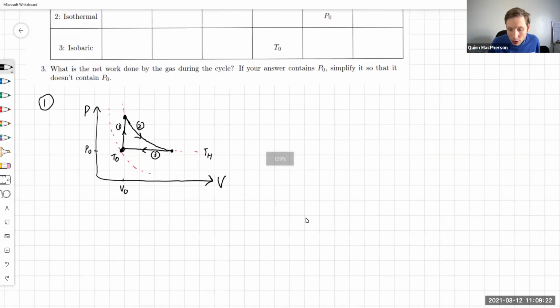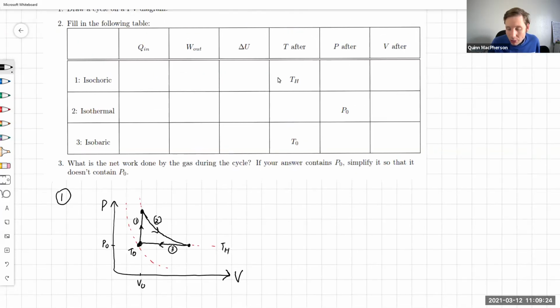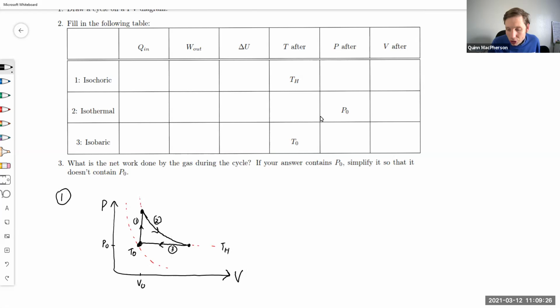So the first thing I'm going to do is find the temperature, pressure, and volume after each of the steps. So after the constant volume expansion, well, it's a constant volume expansion. So the first thing I can say is that it ends at V naught. What happens to the pressure?